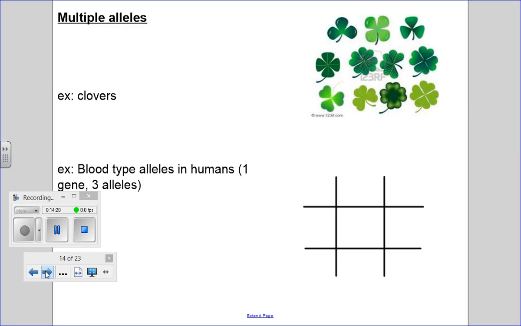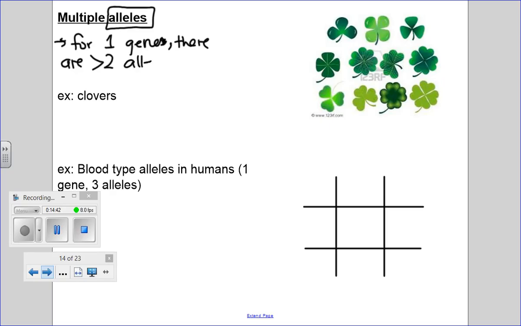All right. Our next example is about multiple alleles. Multiple alleles means that for one gene, there are more than two alleles. I'm saying more than two because 2 is the typical number that we've worked with so far.